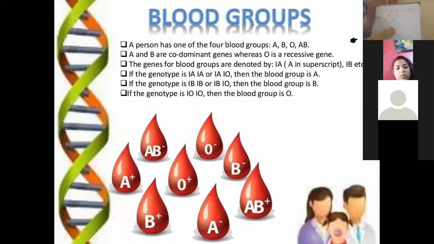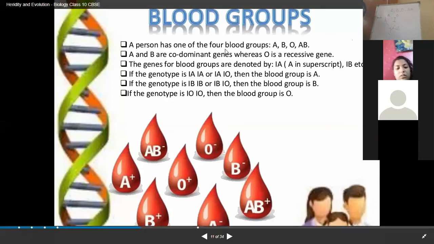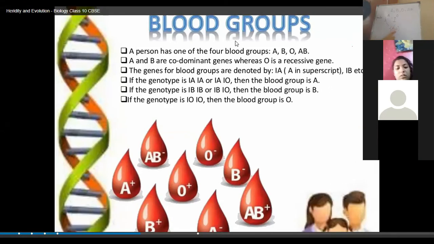Because A is the dominating gene and O is recessive. I have told you, it's a non-identical pair. The one which decides the characteristic of an organism is the dominating gene, and here the characteristic will be determined by A because A is dominating over O. So the prevalent blood group in the progeny will be A.